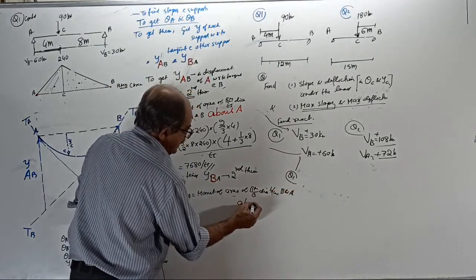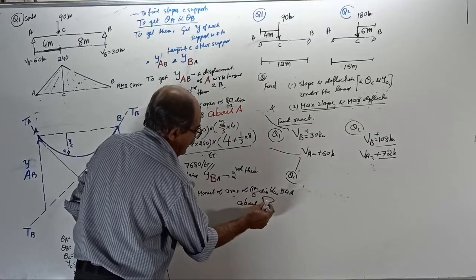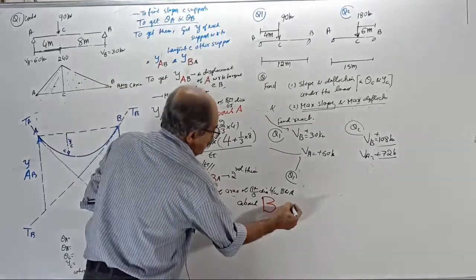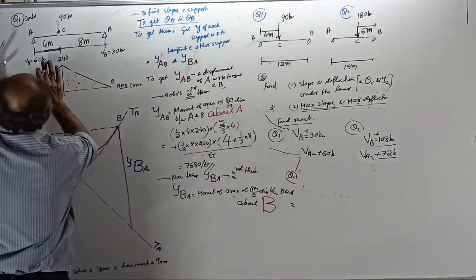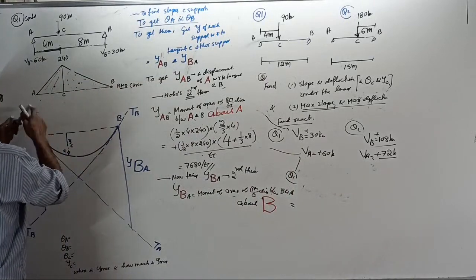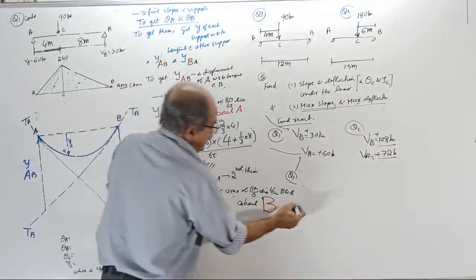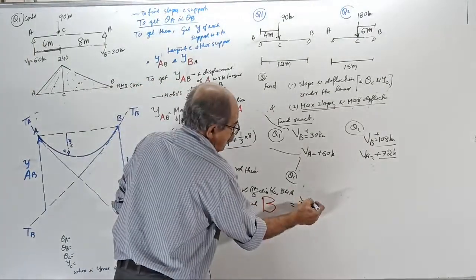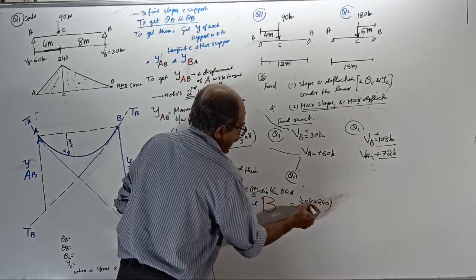about which point? About B. Equal to, I'll write here, first this area, now moment about B point: half into 4 into 240 is the first area.